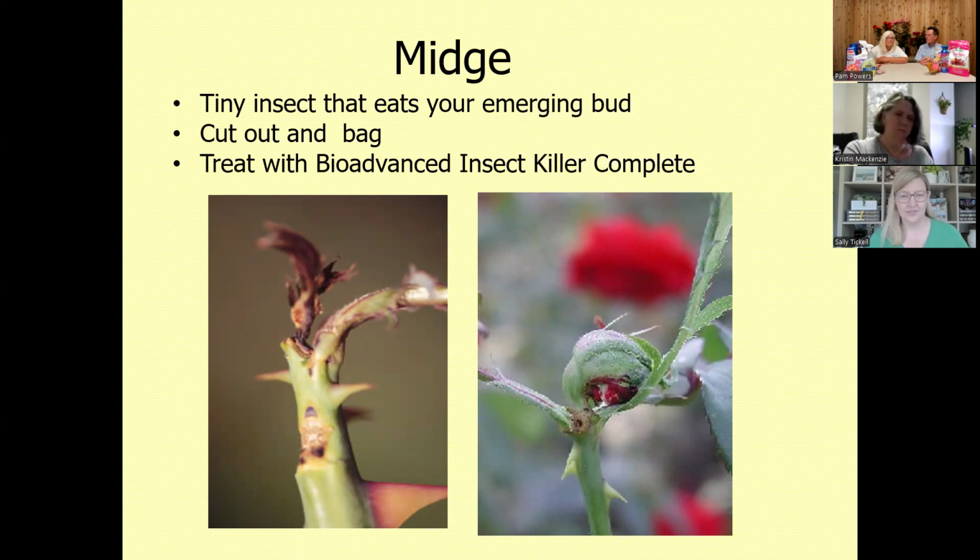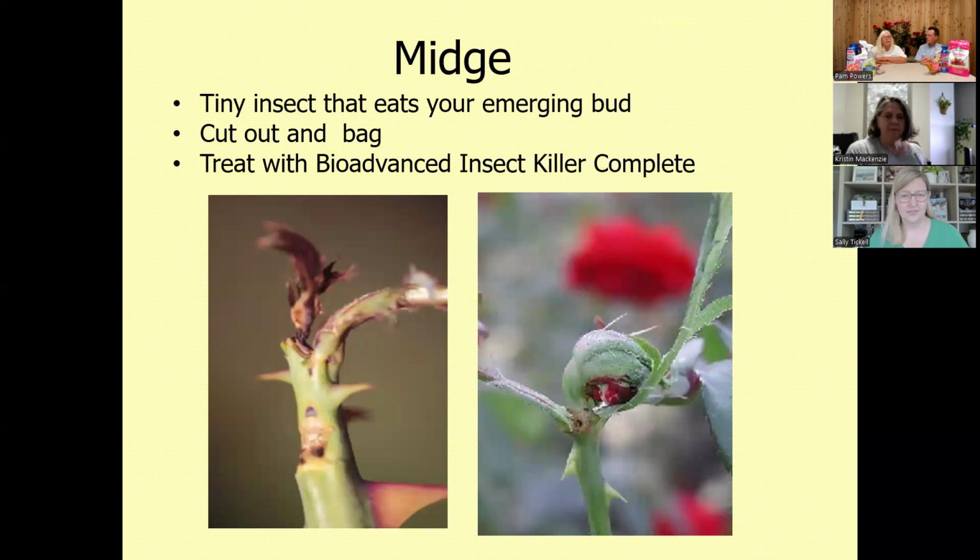Now we've tried some beneficials in the soil, and they work well if you have plants in a pot, and they can attack the midge. But we haven't had a lot of success in smaller gardens eradicating the midge.